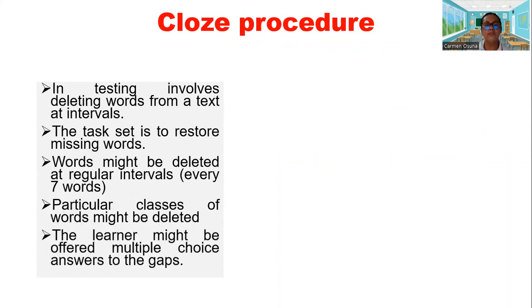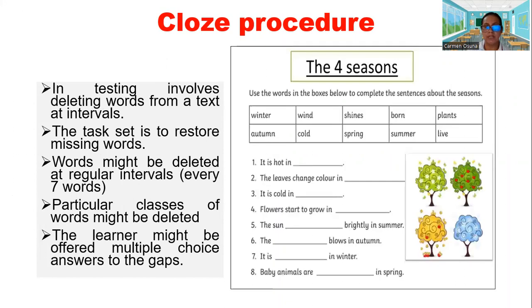The learner might be offered multiple choice answers to the gaps. And here is one example. It's also for elementary school. Here in the chart, we have words, and these are sentences. The learners have to choose one word from the multiple choice to answer these gaps.